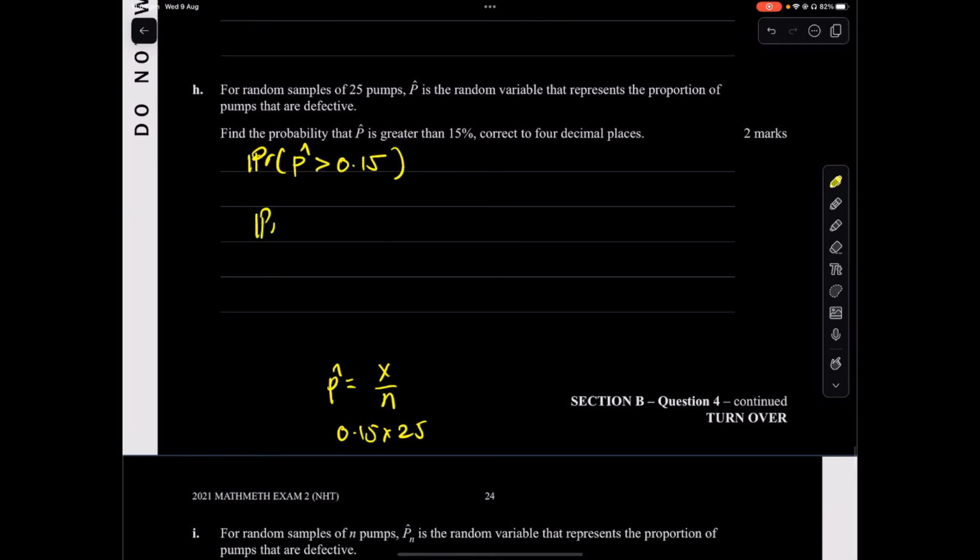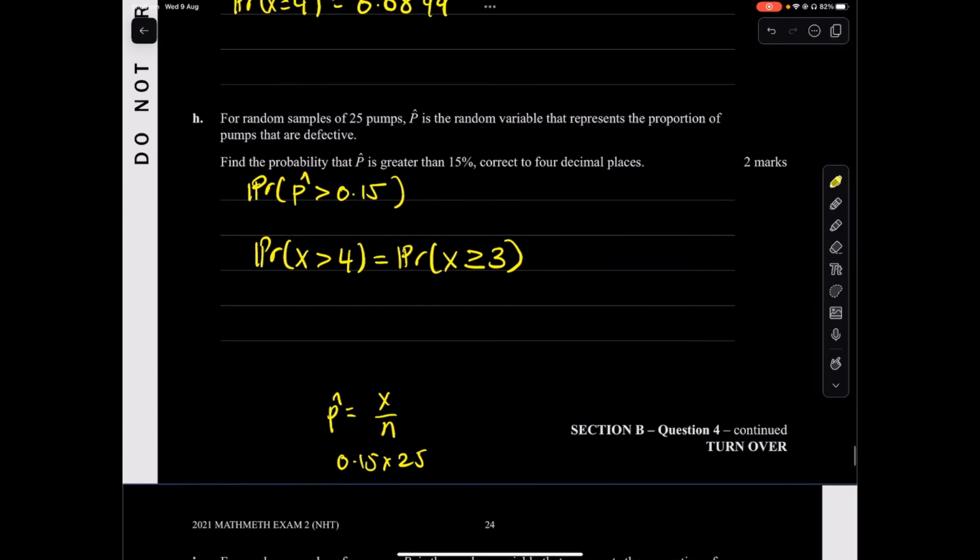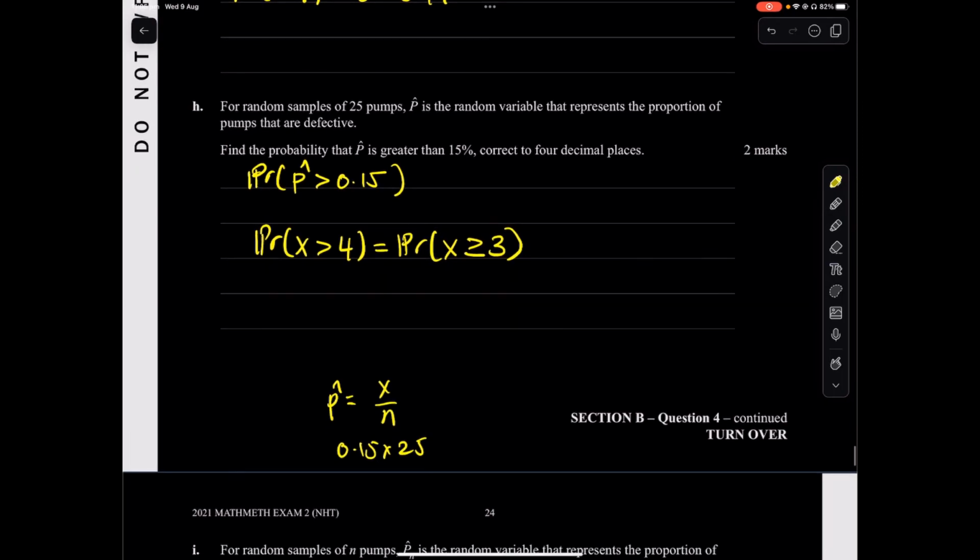So it's the probability that x is greater than 3.75, which is the same as the probability that x is greater than or equal to 4. So find the probability of that. This is not too bad now.